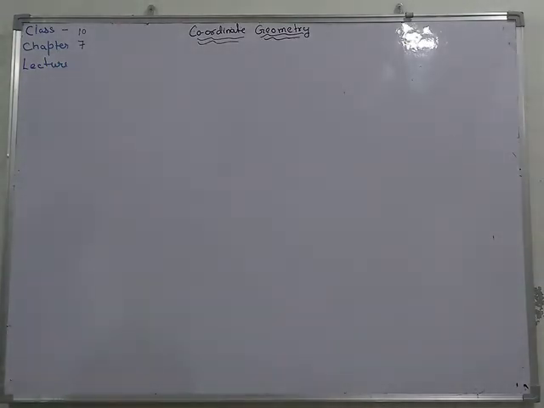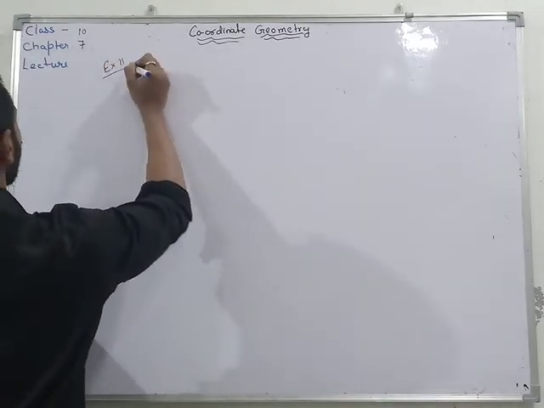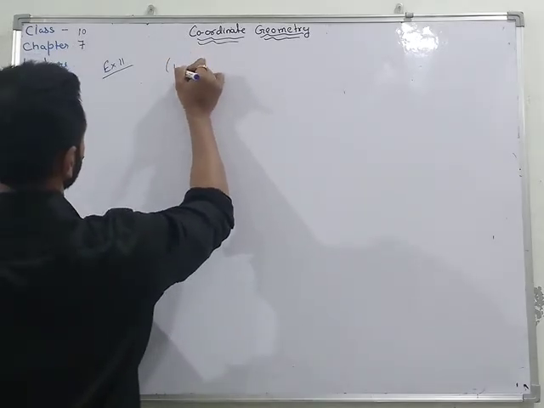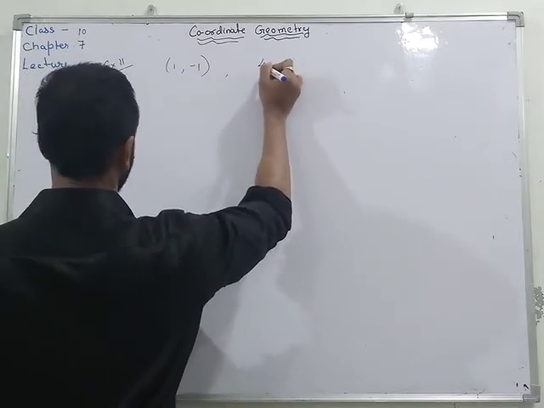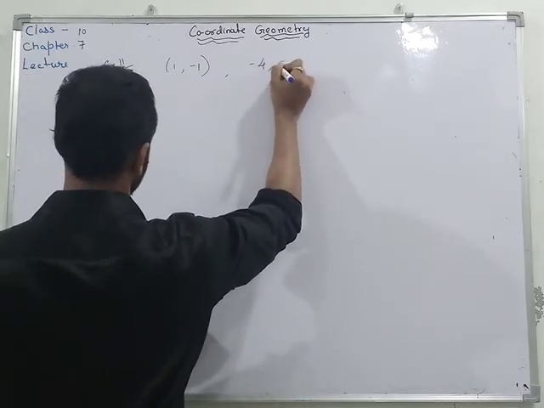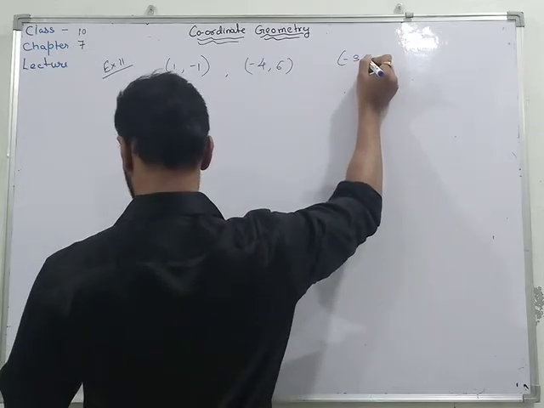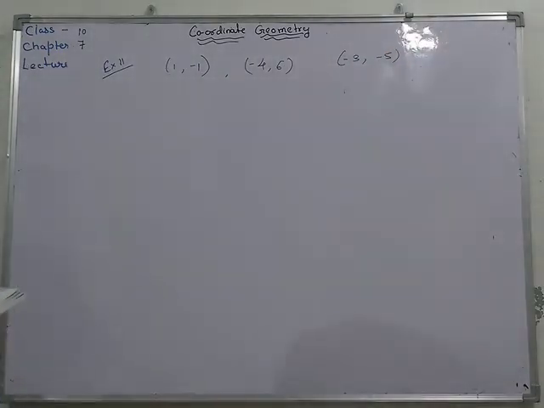Example number 11. Find the area of the triangle whose vertices are 1, minus 1, minus 4, 6 and minus 3, minus 5.